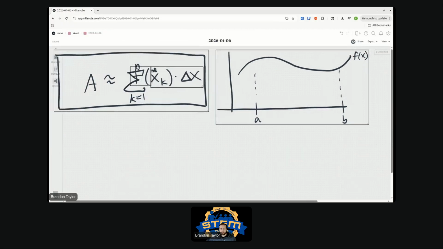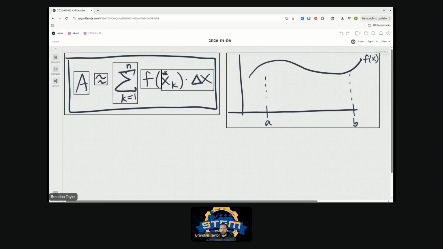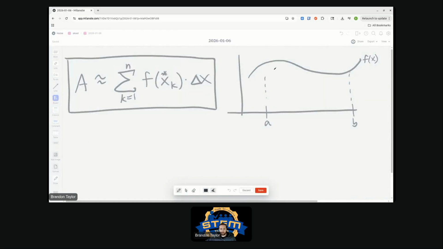And what we're trying to do, remember, is approximate the area under the curve. The way we do that is by drawing partitions. That'll be the first partition, that'll be the second partition, third partition, so on and so forth.